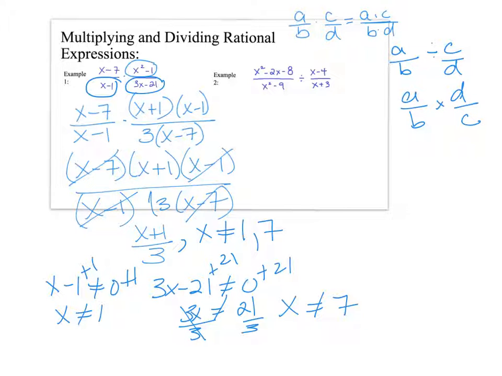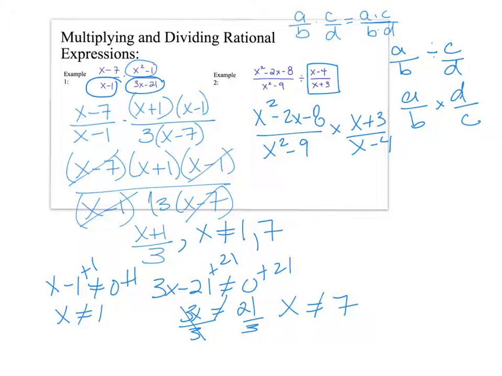We're going to take the original, x squared minus 2x minus 8, all over x squared minus 9, but we're going to multiply by the reciprocal of x minus 4 over x plus 3. So it's going to be x plus 3 on the top now, and x minus 4. And that's how you divide using rational expressions. We're just flipping the numerator and the denominator on the divisor here.